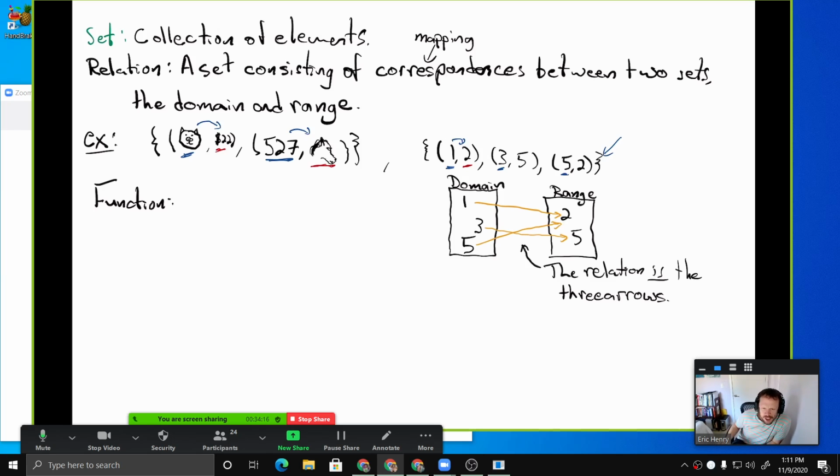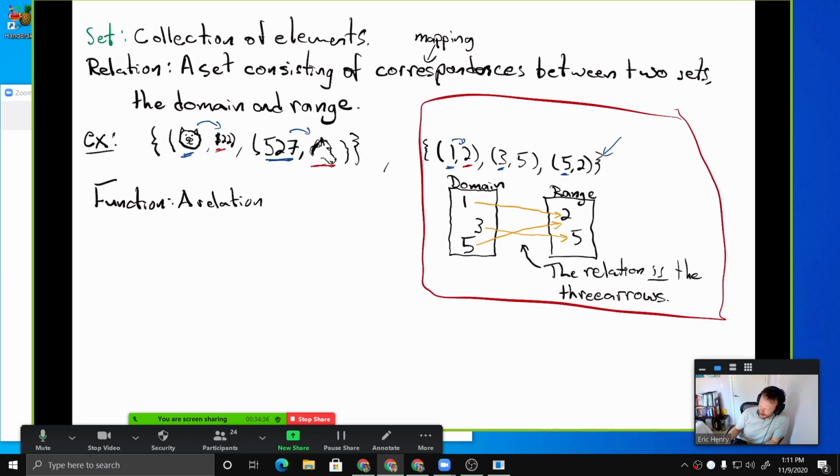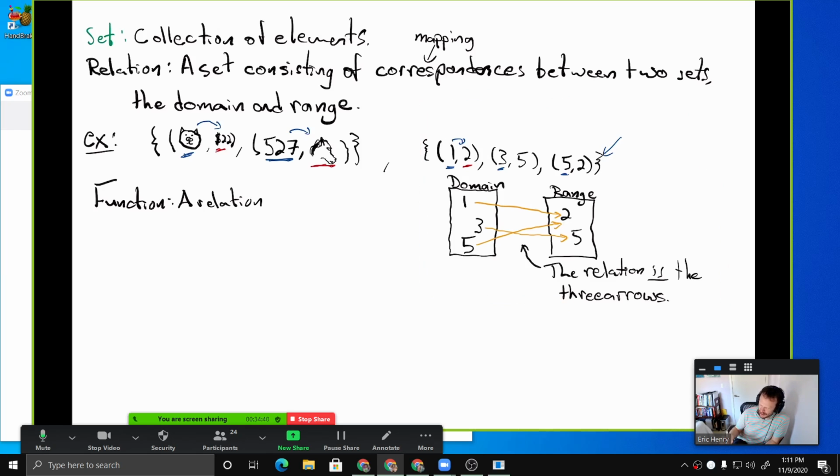A function is a relation with the rule that there's only one y for each x. Somebody just asked, the relation on the right here, is it a function? Well, let's write the definition down and then analyze it together.